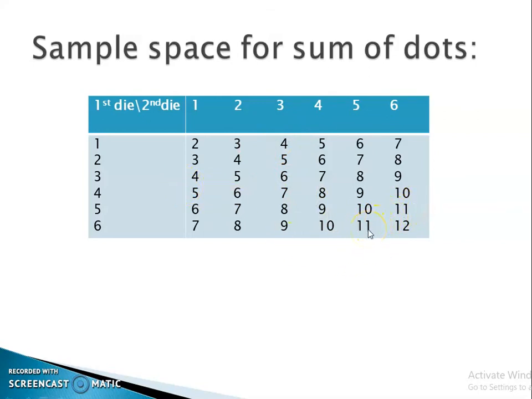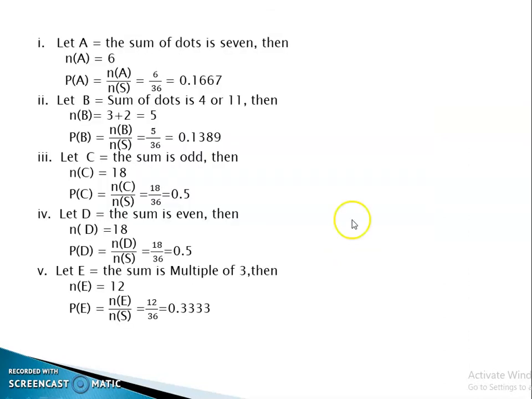The number of favorable outcomes to the event B is 3 plus 2 equal to 5. Probability of B is equal to favorable outcomes to the event B divided by total possible outcomes in the sample space S, which is equal to 5 over 36. Simplifying this fraction, we get 0.1389.